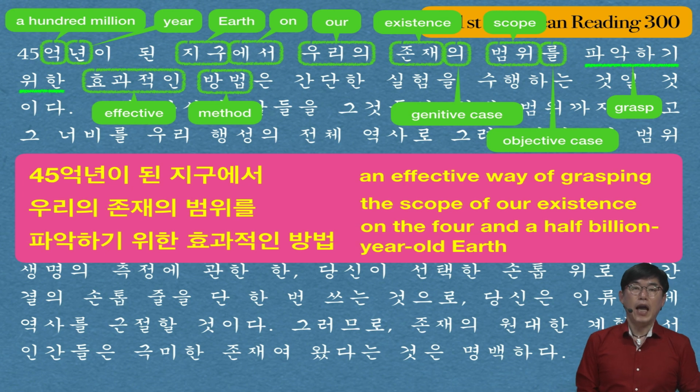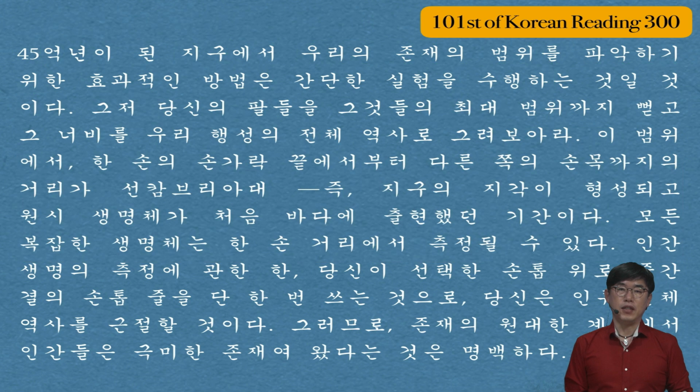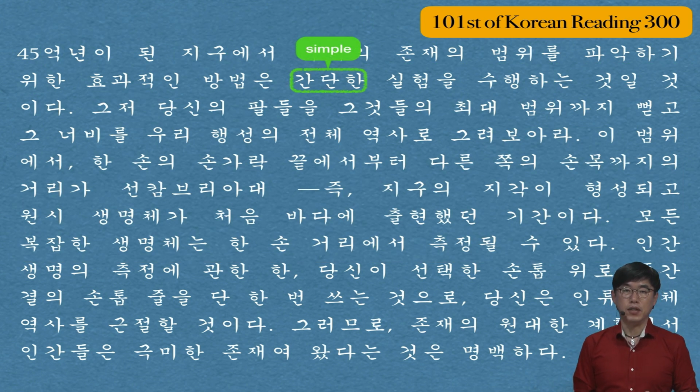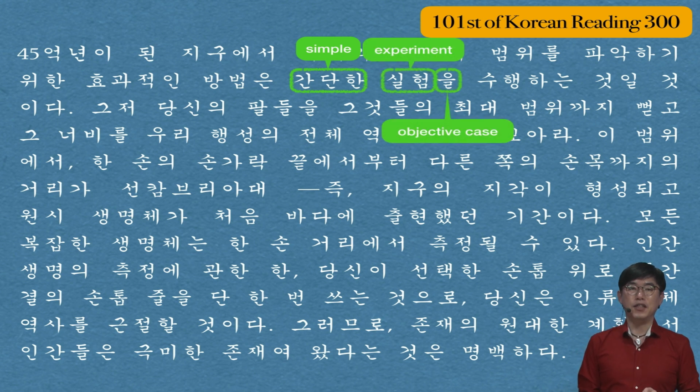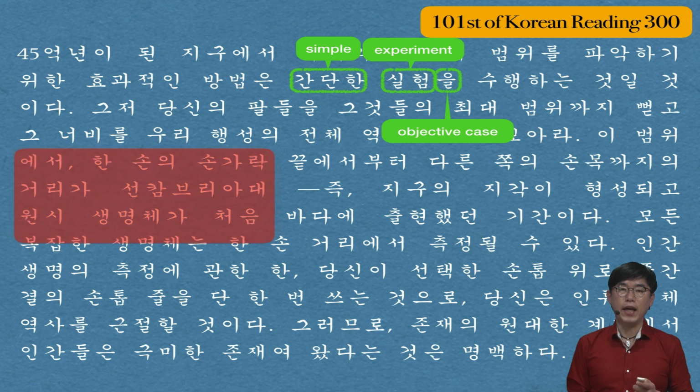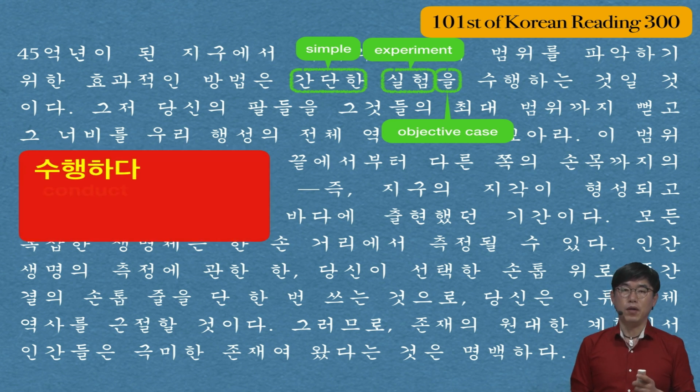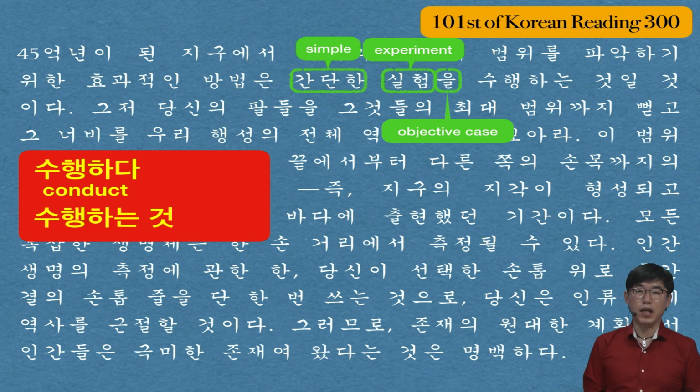chunk, right? And 은 is the subjective case, and 간단한 is simple, and 실험 is experiment, and 을 is the objective case. And 수행하는 것 is the noun form of 수행하다, which means to conduct or perform or carry out something.